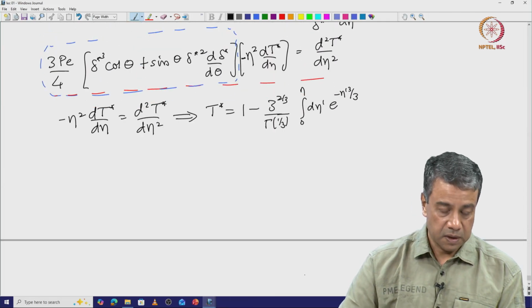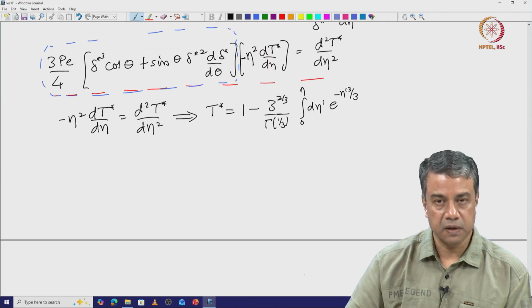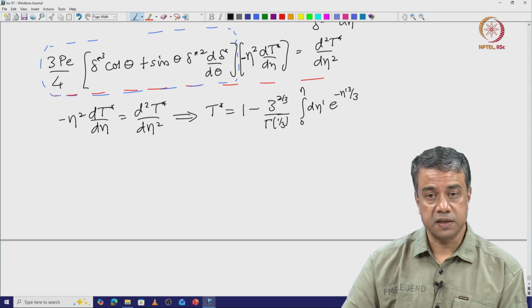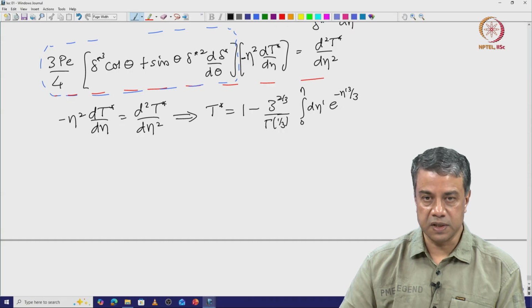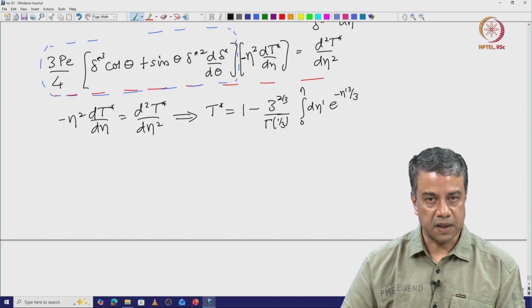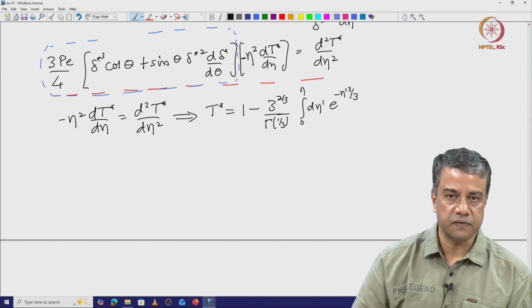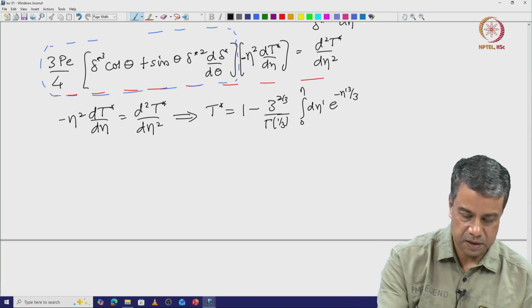Now, we have to solve for the boundary layer thickness as a function of the streamwise coordinate theta. That equation differs from the flat plate and the stagnation point flow.